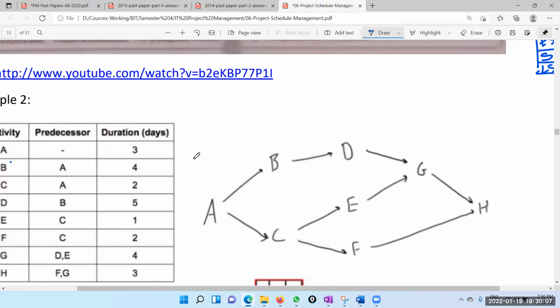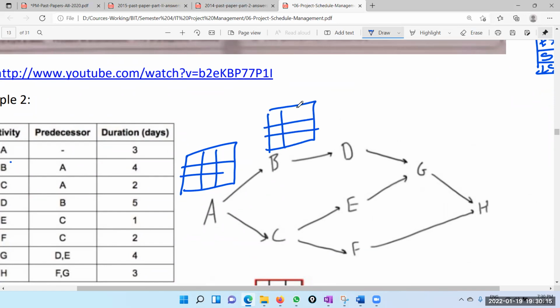So this is my first one, second one, third one. Remember, activity on node. Activity on node.